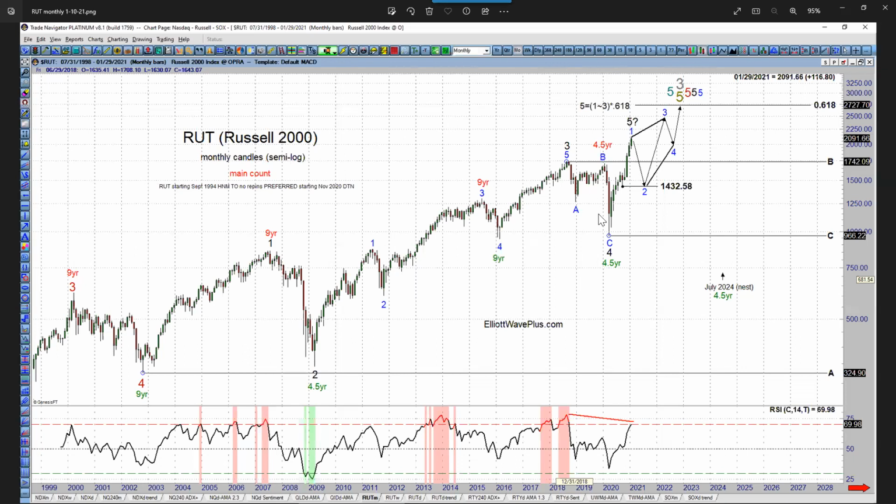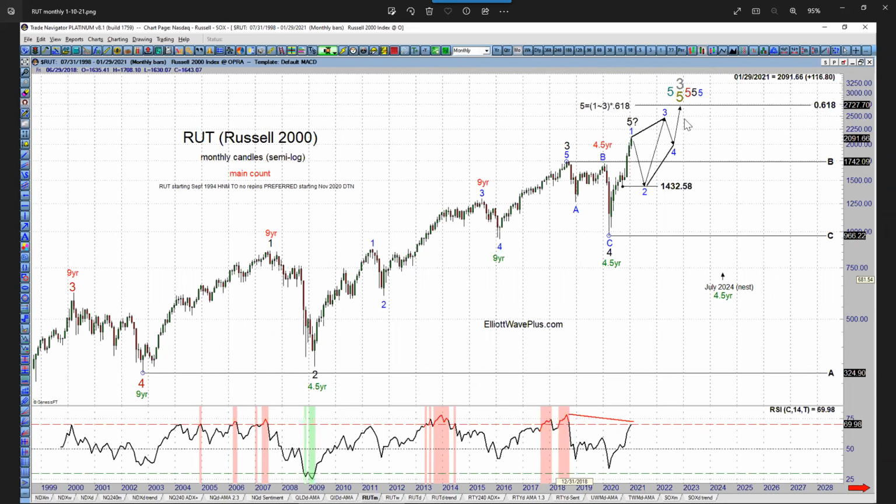It was the Russell that inspired the idea that we would get an ending contracting diagonal up from the March 2020 low. The thing that really supported the idea was that it was moving up aggressively into extreme overbought territory in an A, B, C structure. Also, there was a large degree Fibonacci target at 2727 that hadn't been hit yet, and it would take some time to hit.